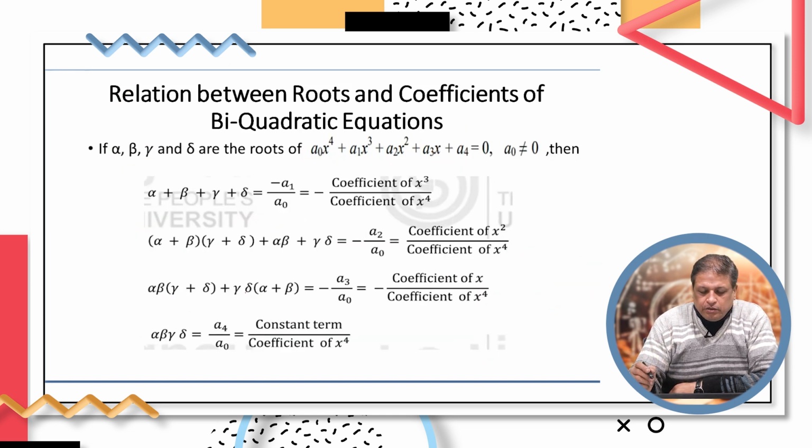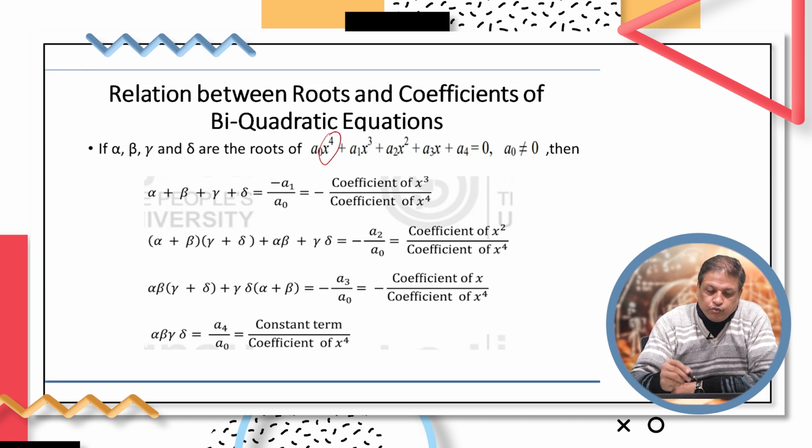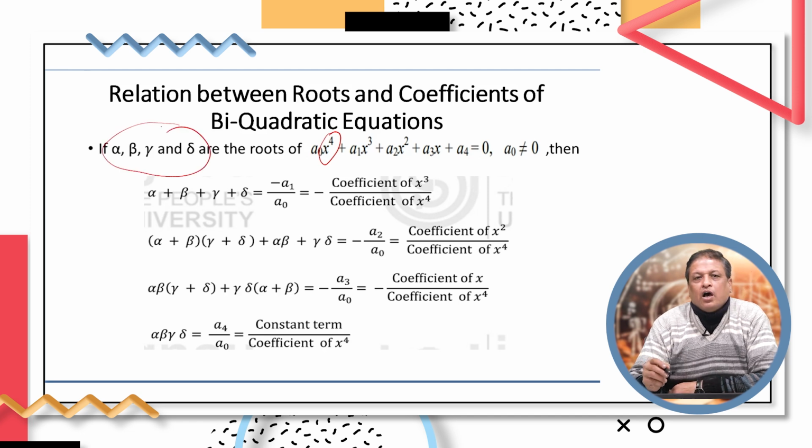Now, similarly on the same lines you can understand for the biquadratic equation that there is a relation between the roots and coefficients of the biquadratic equation. Now, because this is a biquadratic equation, that means the exponent is 4. So, there should be 4 roots, and the 4 roots are alpha, beta, gamma and delta.